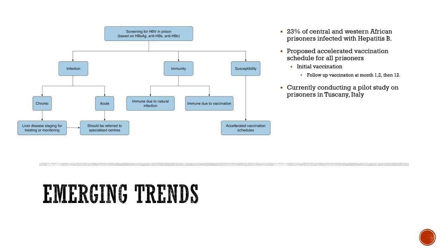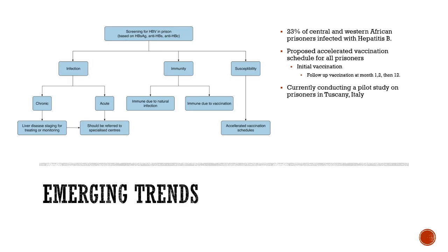She reviewed a previous study by Van Herk, who tested an accelerated vaccination schedule, and results from his test led to faster development of the hepatitis B antibodies. So she proposed that a vaccination program based on this schedule should be applied to all prisoners, especially those, again, in Central and West Africa.